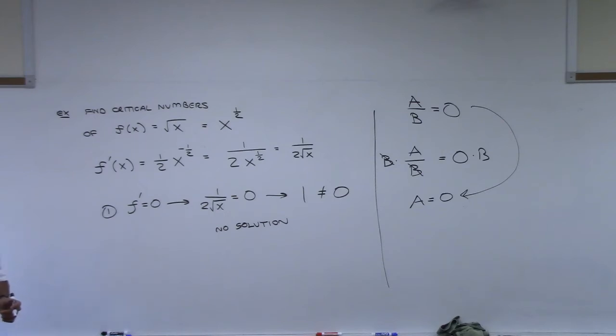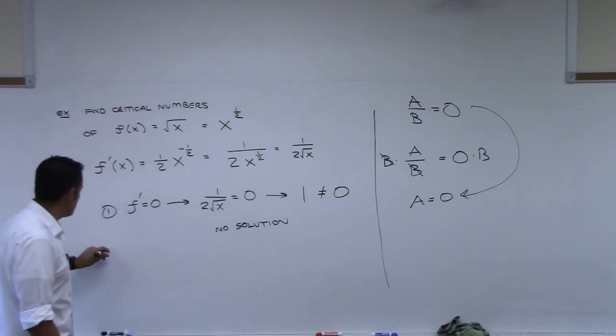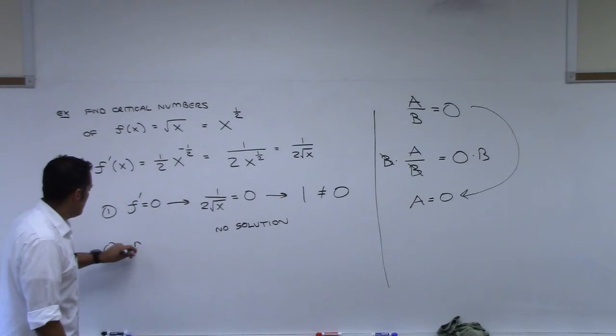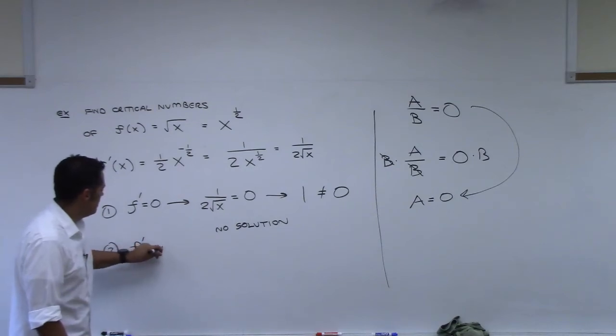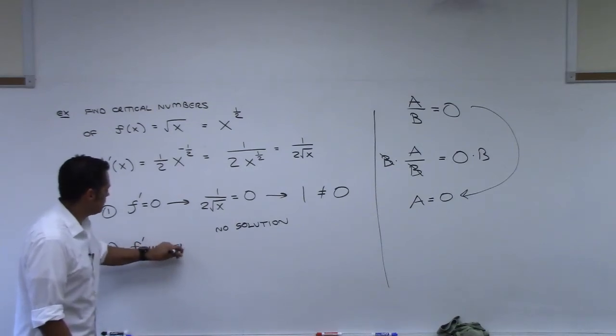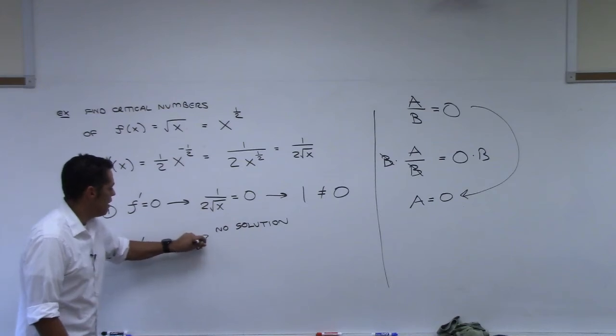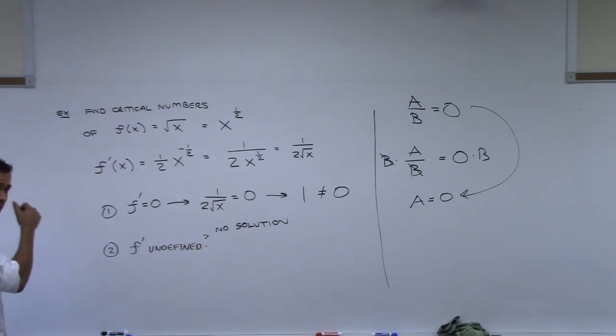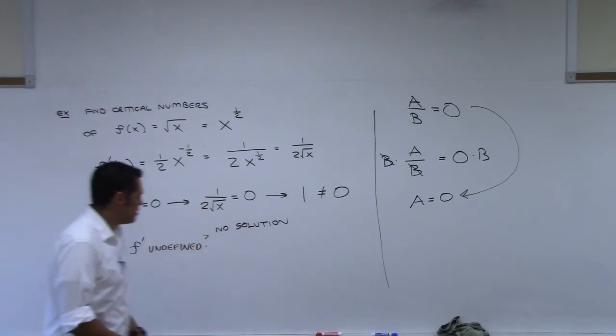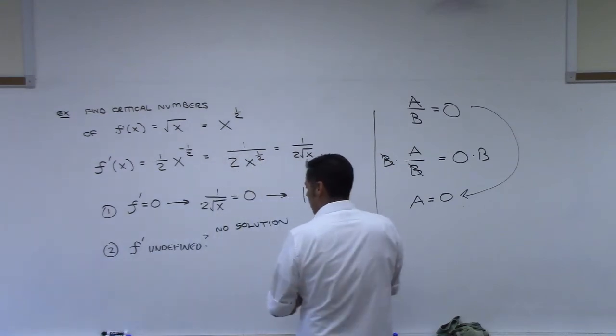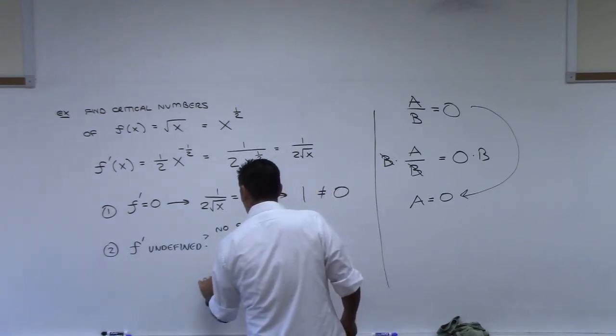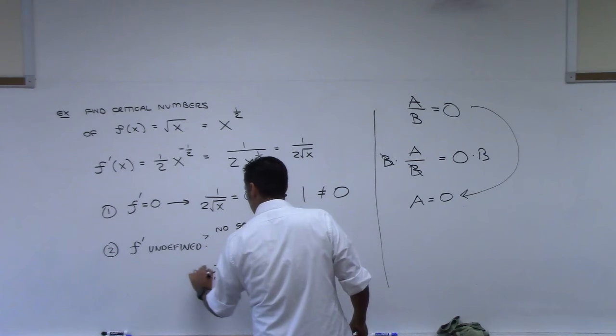The second condition for critical numbers is to check: is the derivative undefined? Is there anywhere where the derivative is undefined? So let's take a look at that derivative again. I'll write it down here: 1 over 2 root x. This was our derivative.